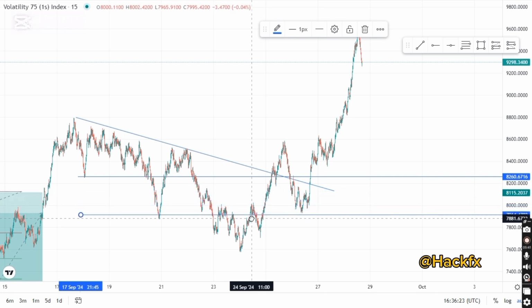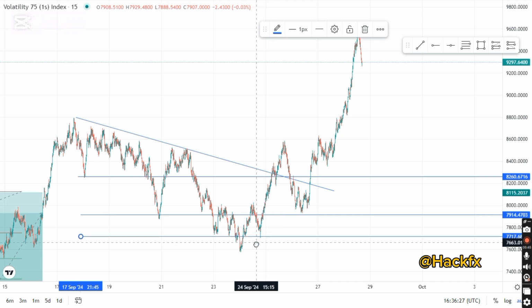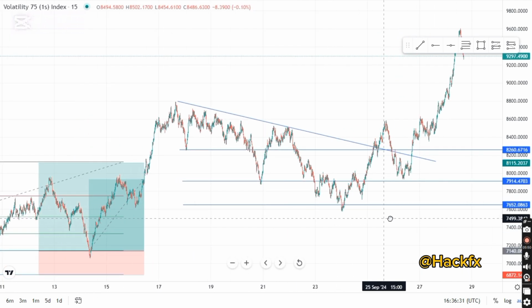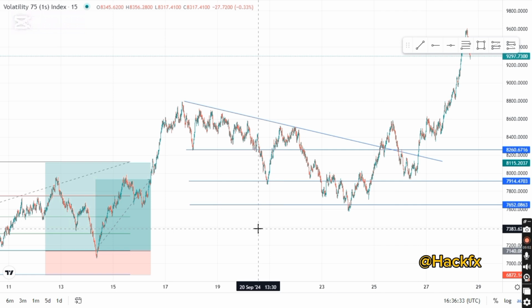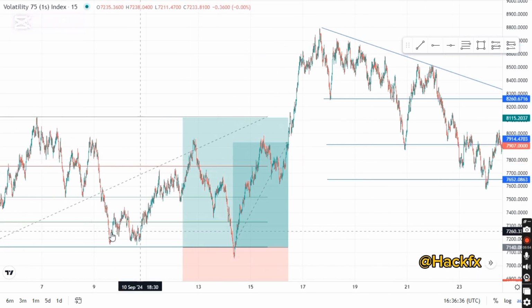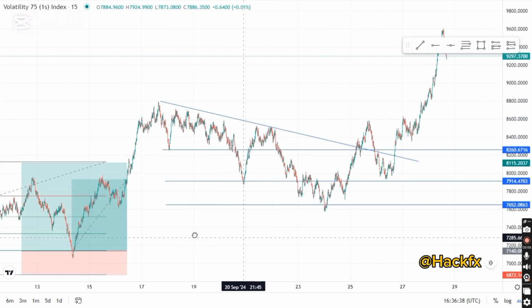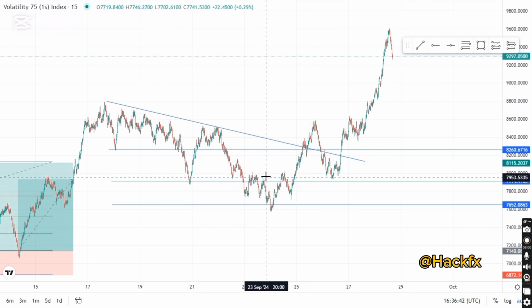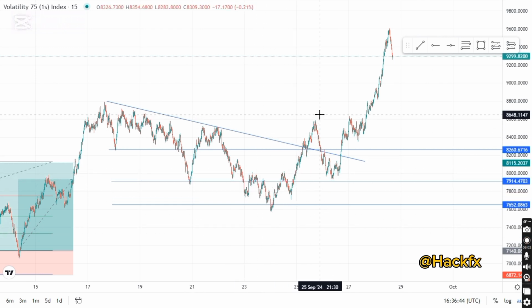And we know that this trend has changed, obviously from our previous entry. So we want to find out now what is going to happen. Good enough, we are seeing a breakout.